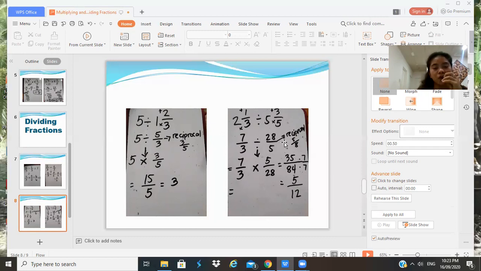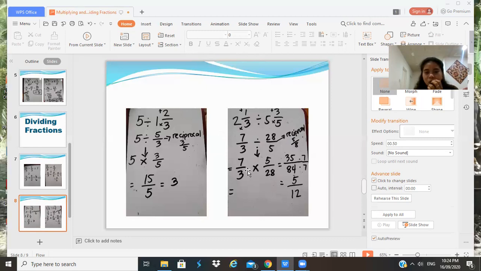That is 5 over 28. Again, that is 5 over 28. So we have 7 over 3 times the reciprocal of 28 over 5, which is 5 over 28.